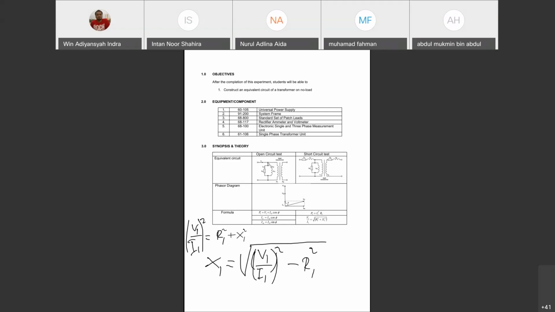V1 you get from the table, from your experiment data. I1 also from your data, right? As for R1, just now you got the R1.